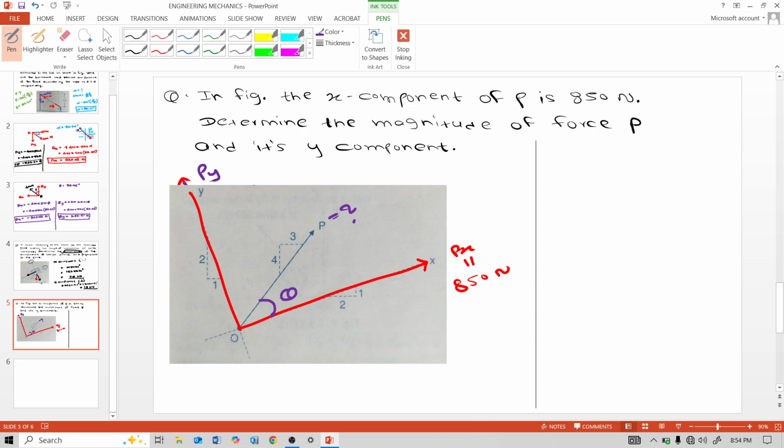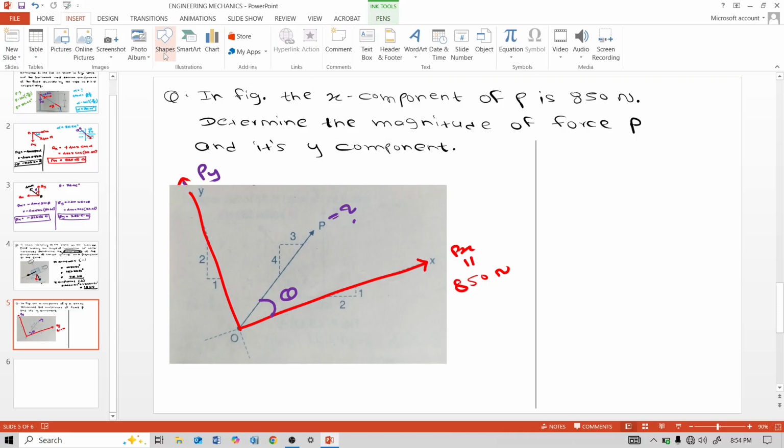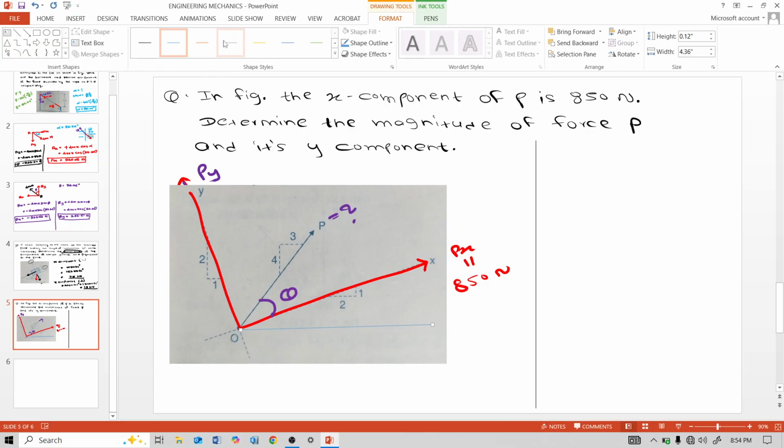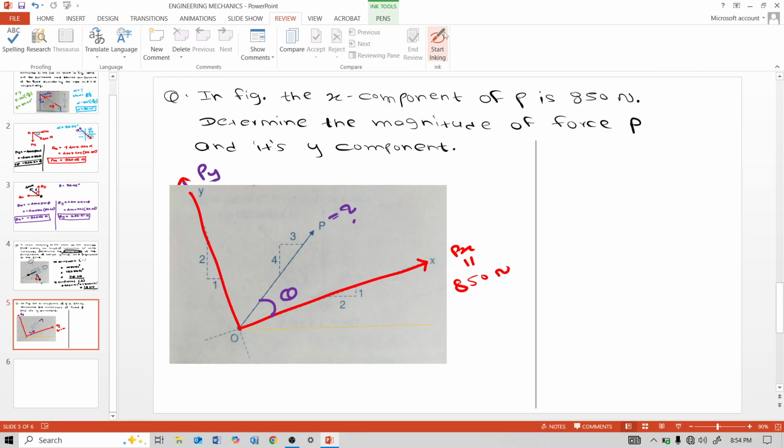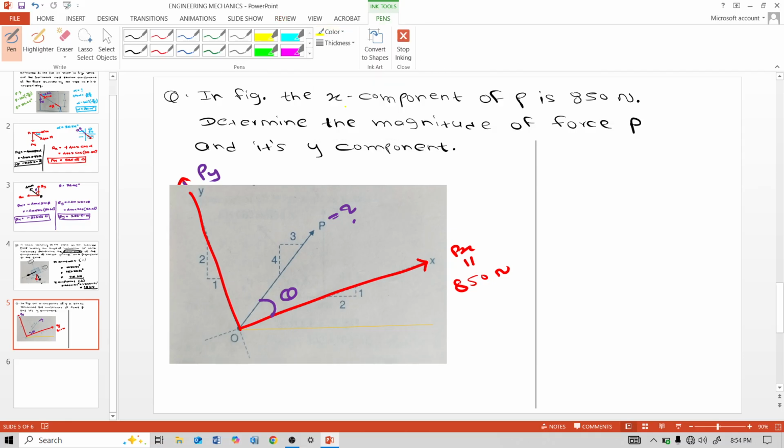So how to calculate this theta angle? Let us see, this is a horizontal line. See, the x component of that force P has slope 1:2. Assume that this angle is alpha.